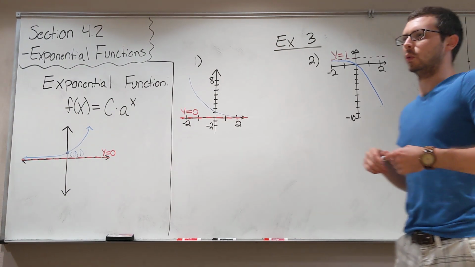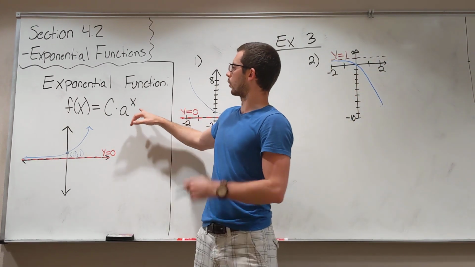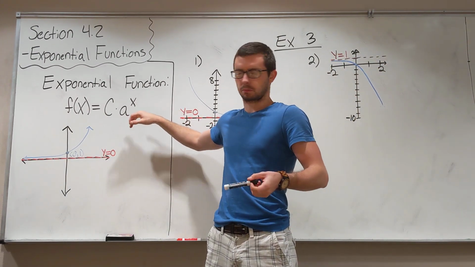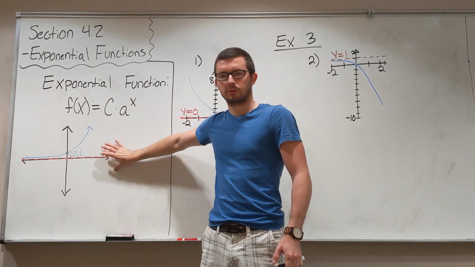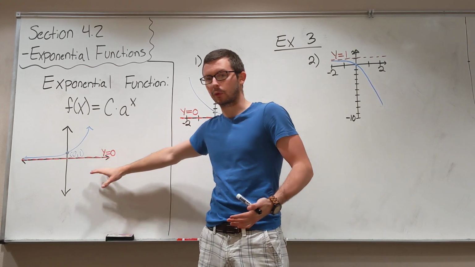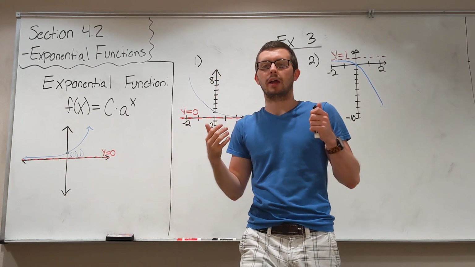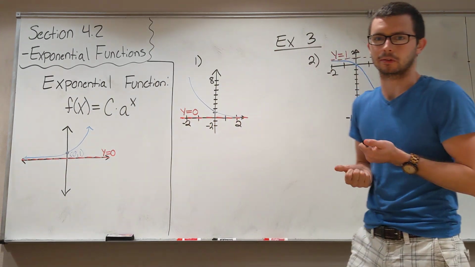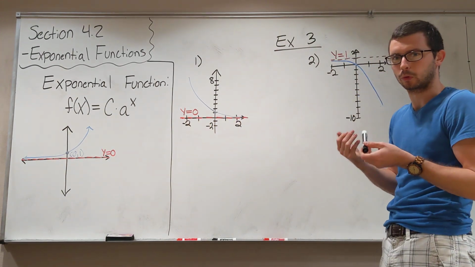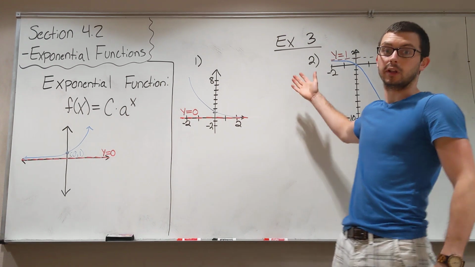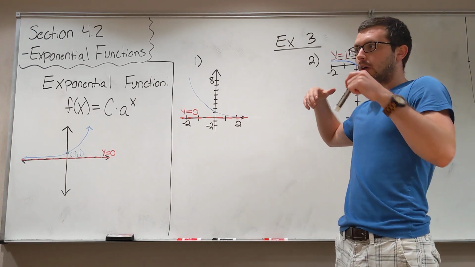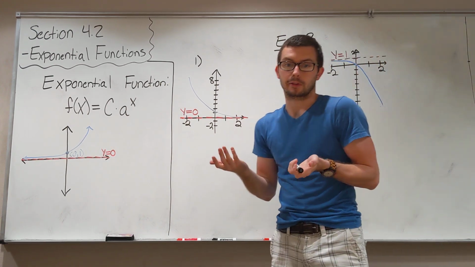So now what we're going to do is, instead of looking at exponential functions algebraically, let's go ahead and start familiarizing ourselves with the parent function and how we can use that to identify transformations and associate those to corresponding functions, such as in example 3, which it'll want us to do exactly that.